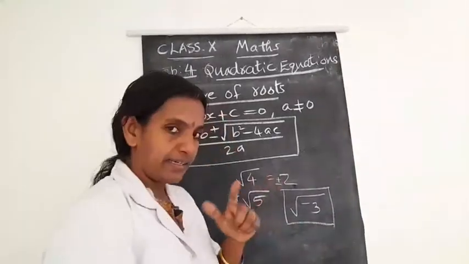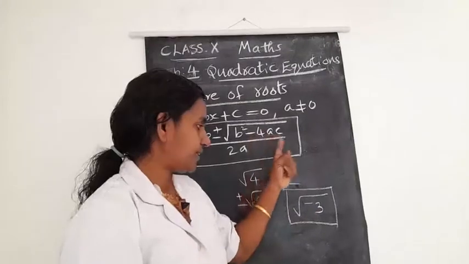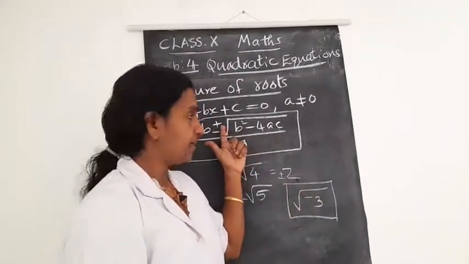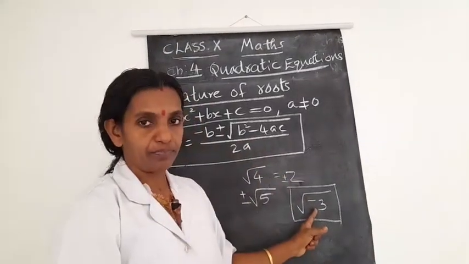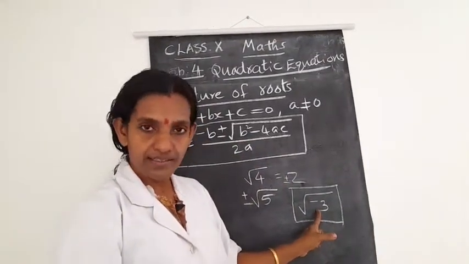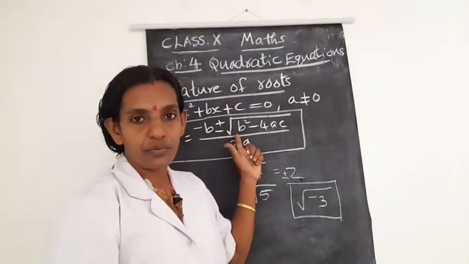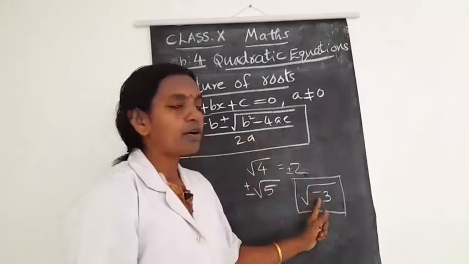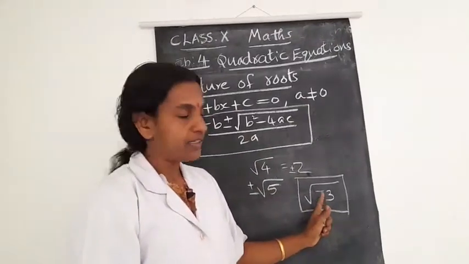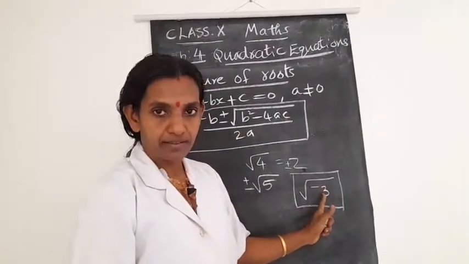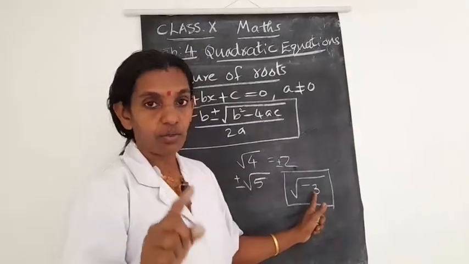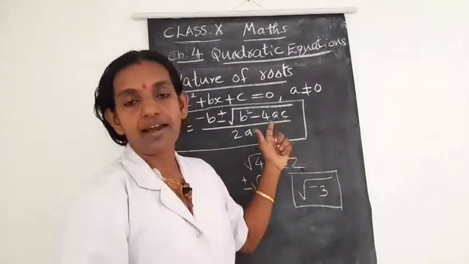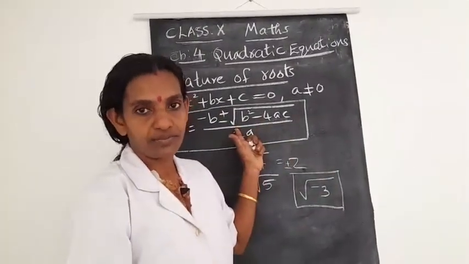So if b² − 4ac is a negative number, you get the root of a negative number in the formula. In that case, we can say that the given quadratic equation has no real roots, because the square root of a negative number is not a real number.